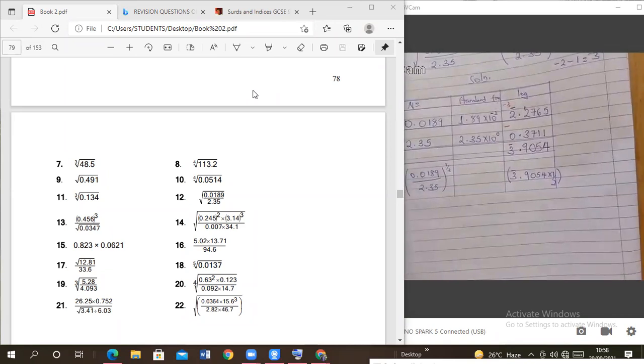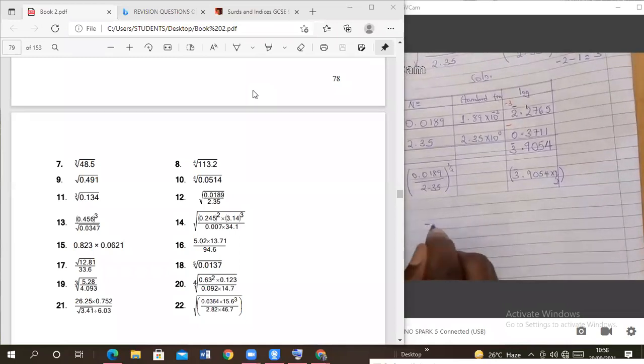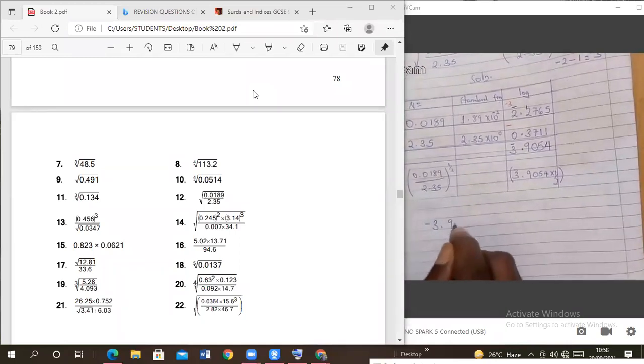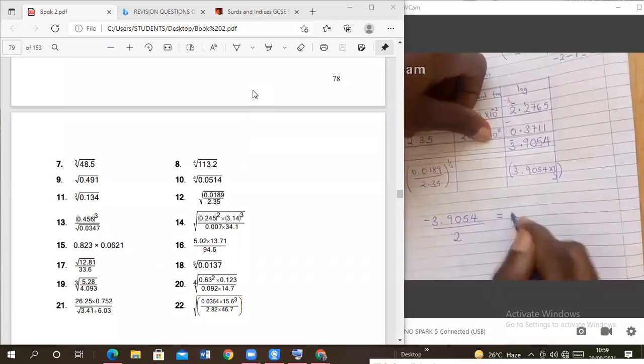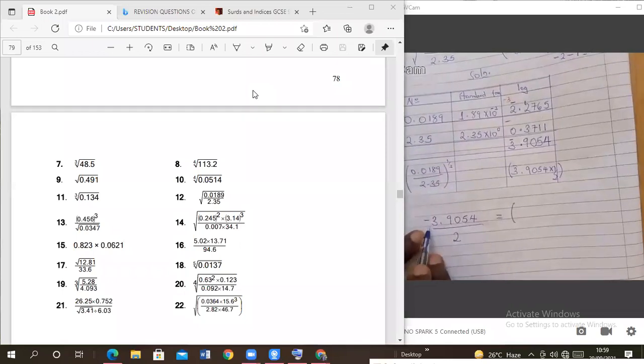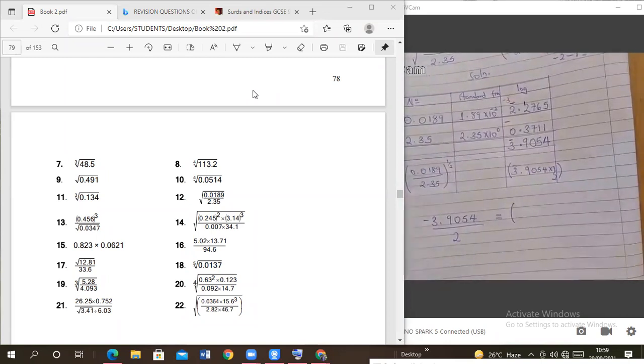So what do we do? See how we first go for side work. Now I have -3.9054. I want to divide it by 2. First look at this -3, we have to simplify it in such a way that the negative is divisible. I want to remove this one. So which number should I put in place of this without changing the meaning?